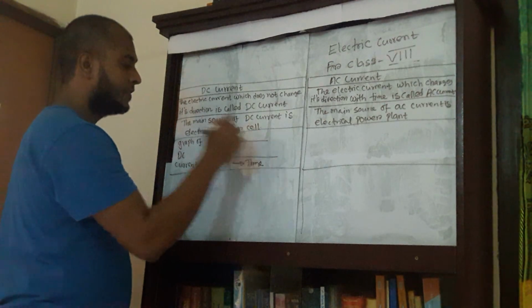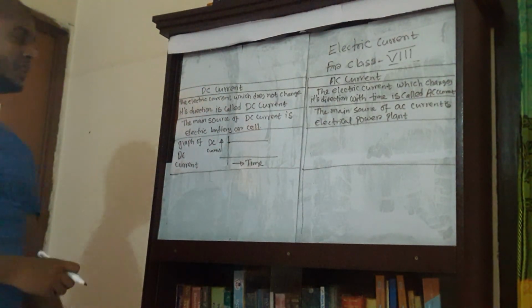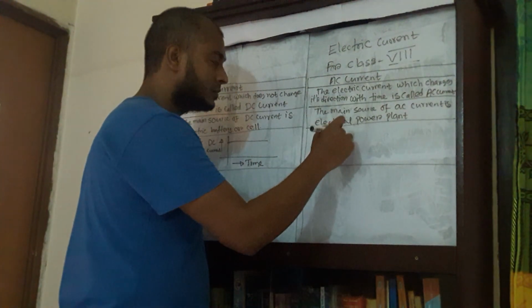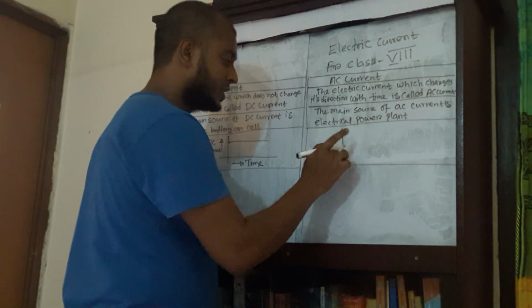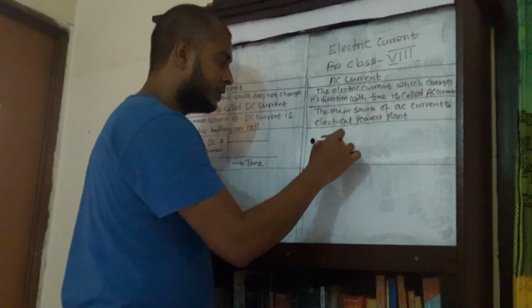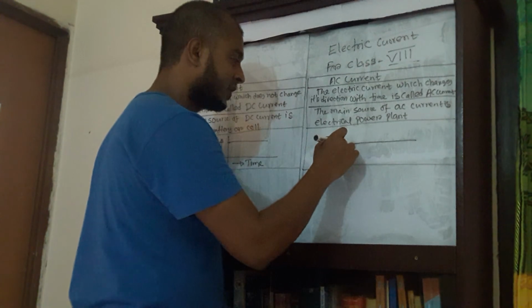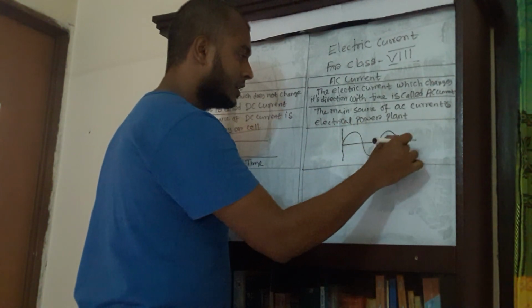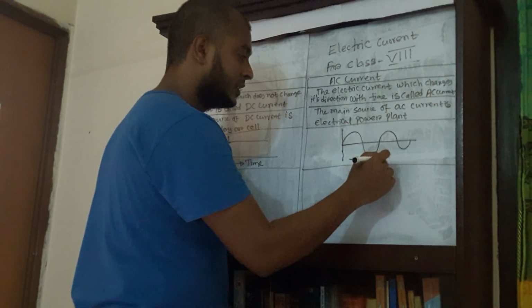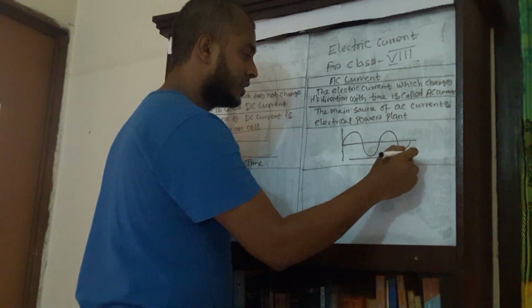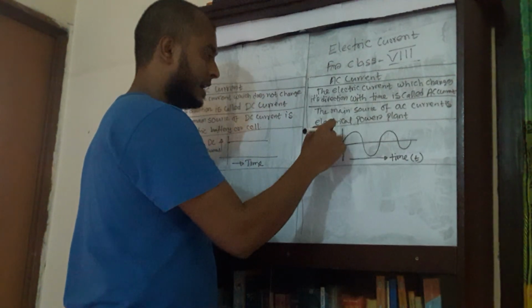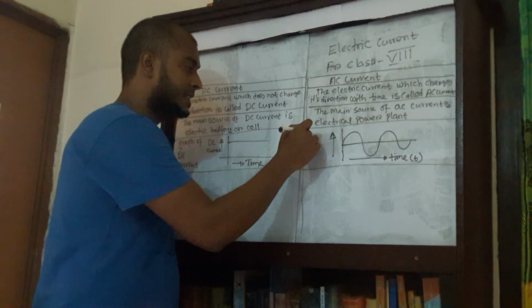So the graph is a straight line. Now the graph of AC current: this is time t, and this is AC current.